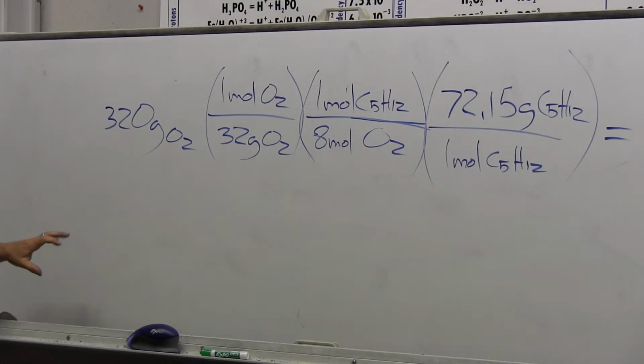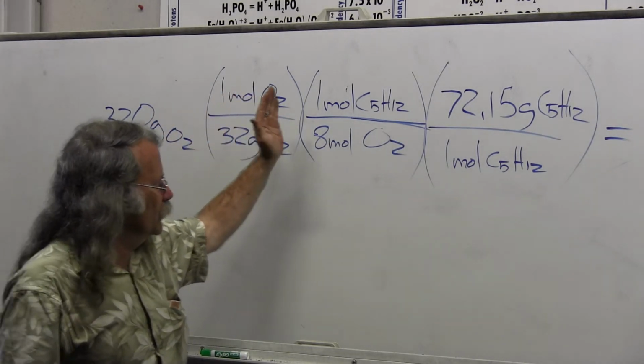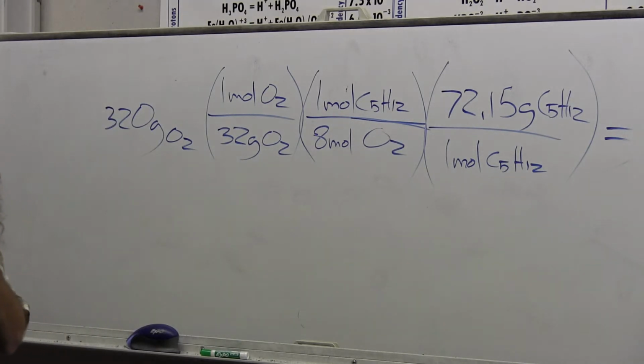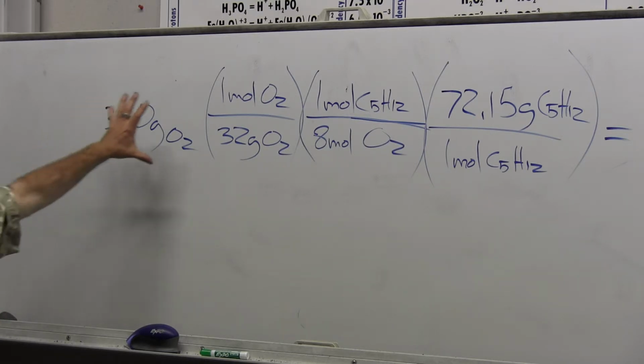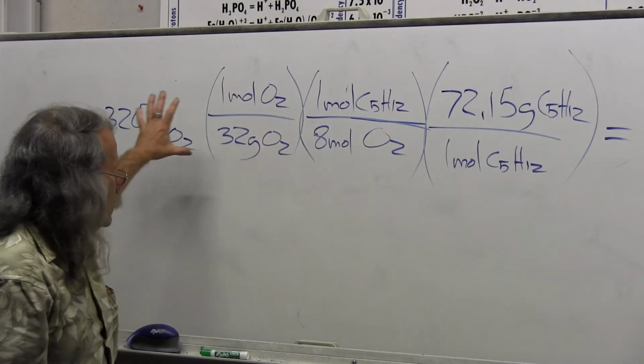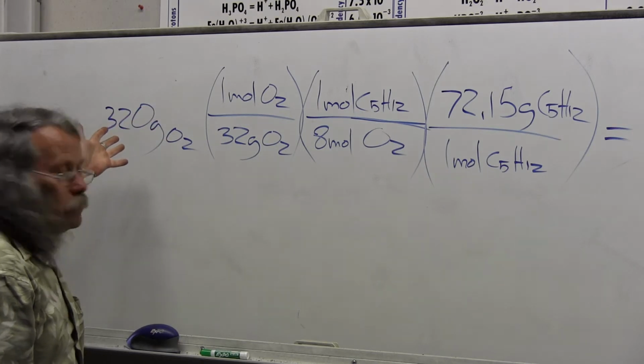320 divided by 32 is 10. Okay, so I'm going to have to multiply whatever's here by 10. And 72 divided by 8. Does that ring any bells? 72 divided by 8 is 9. Okay. So I have here 10 times 9. That's pretty much it.